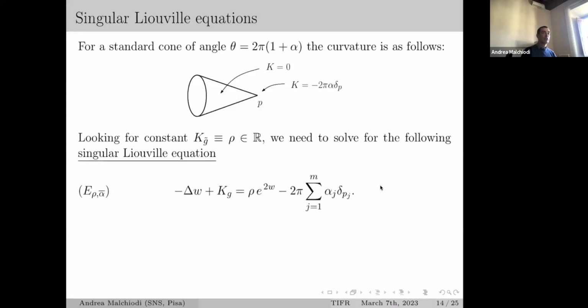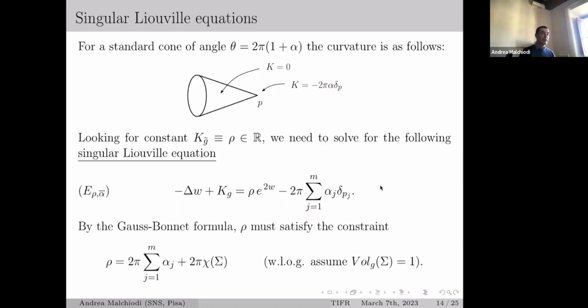Now if you want to uniformize the surface with conical singularities, you need to solve a singular Liouville equation. The operator on the left-hand side is the same as before, but on the right-hand side you have your constant term multiplying an exponential term, and you need to add the distributional part of the measure, which is the sum of some Dirac masses with weights minus 2 pi alpha j.